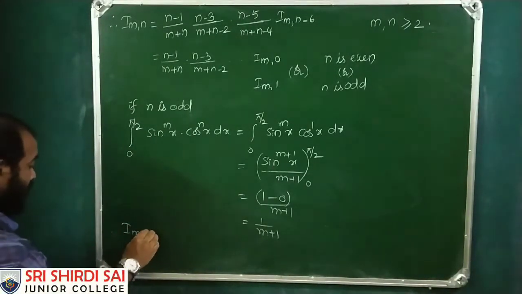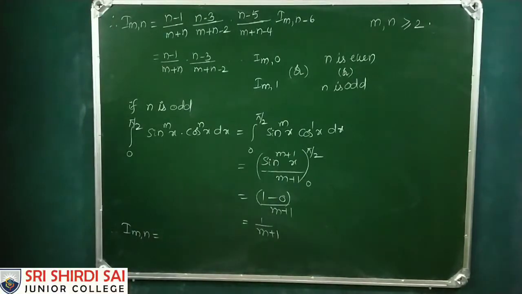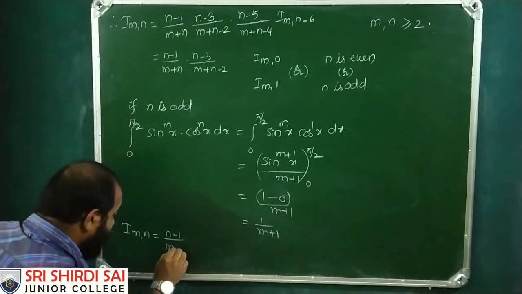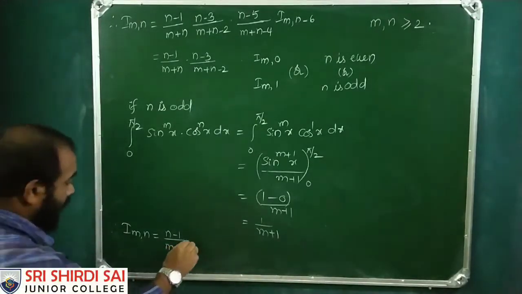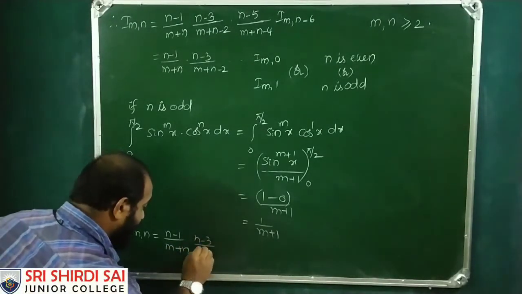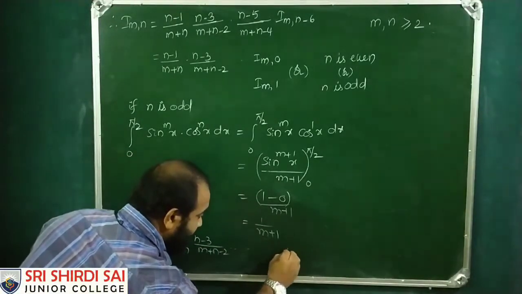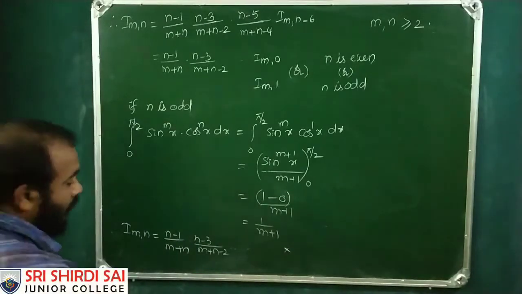Therefore I(m,n) = (n-1)/(m+n) into (n-3)/(m+n-2), etc., and so on.